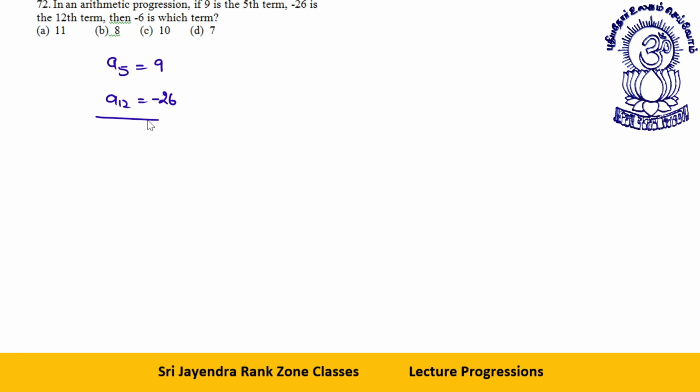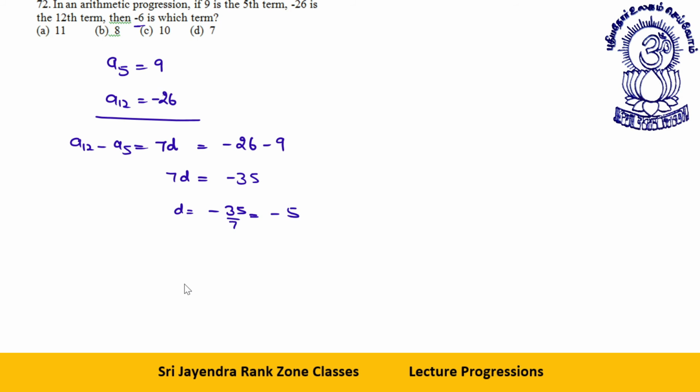First of all, A12 minus A5 will be equal to 7D. This will be what? 7D is equal to minus 26 minus 9. So this gives me D is equal to minus 35 by 7, or minus 5.